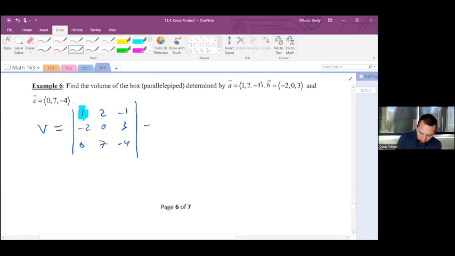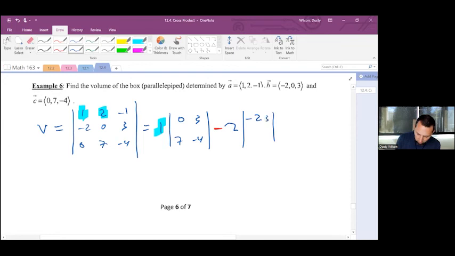So we'll take 1 and multiply it by the determinant of 0, 3, 7, -4. Subtract, remember that negative is built into the formula. So now we're moving across, so we hit the 2. We multiply by the determinant of -2, 3, 0, -4.